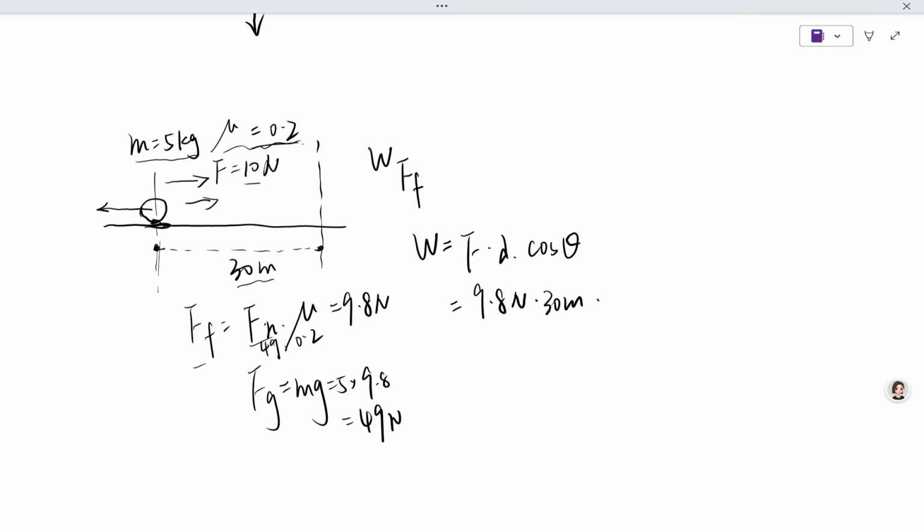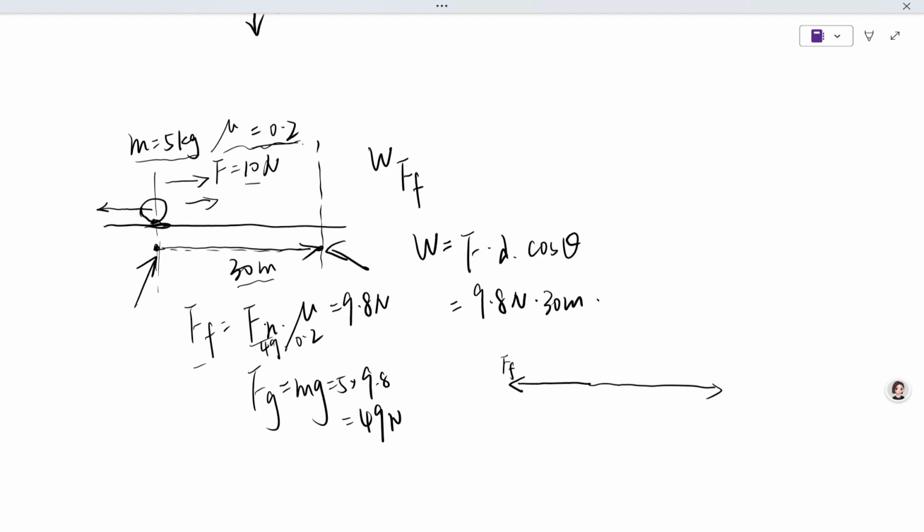What is cosine theta right now? Let's see. The direction of friction force is pointing that way, right? This is FF, the direction of FF. And the direction of motion is pointing that way because it starts from this position and ends at this position, which means there's a vector pointing to the right, which is the distance of the motion, also the displacement.